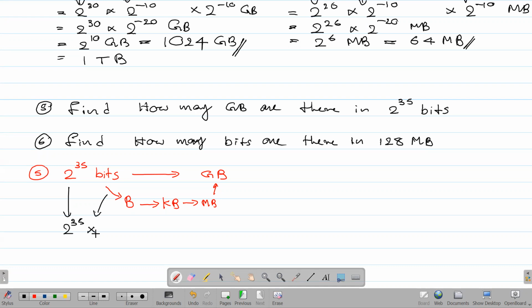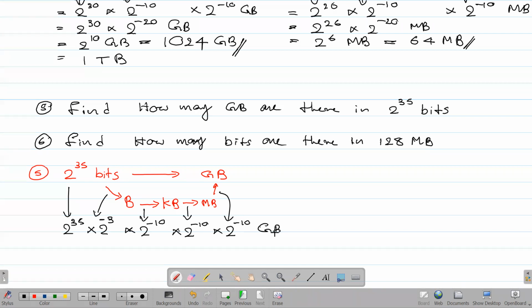Bits to byte conversion can be taken as 2 to the power minus 3. Bytes to kilobyte conversion, 2 to the power minus 10. Kilobytes to megabyte conversion, 2 to the power minus 10. Megabyte to gigabyte conversion, 2 to the power minus 10.